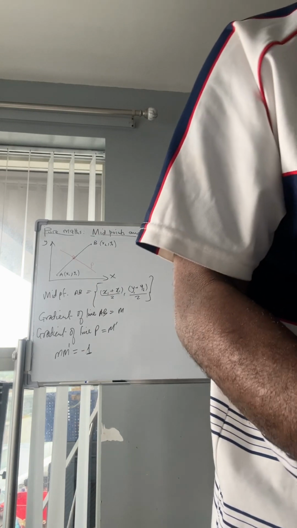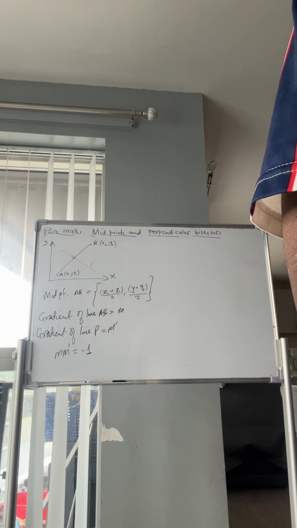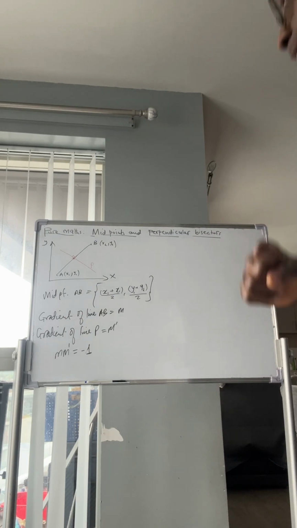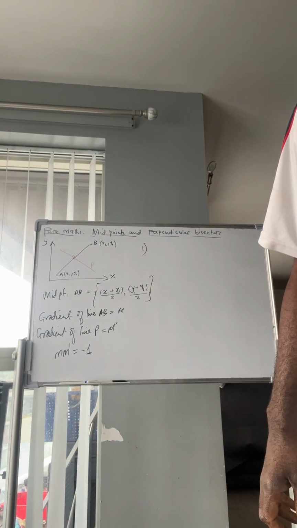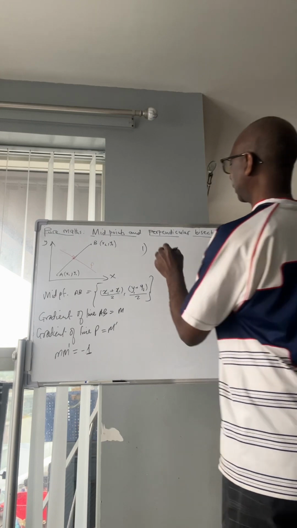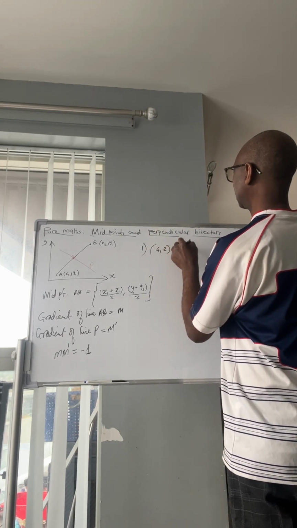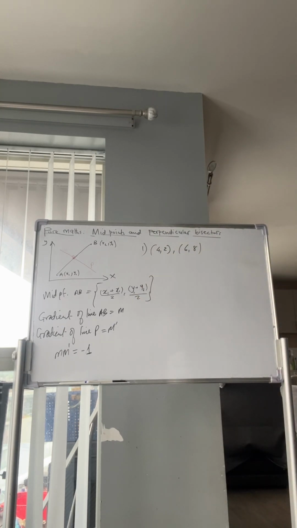Let's look at one problem here. Find the midpoint of the line segments joining each pair of points. Find the midpoint of the line segment joining 4, 2 and 6, 8.